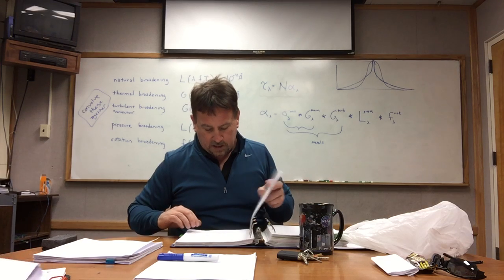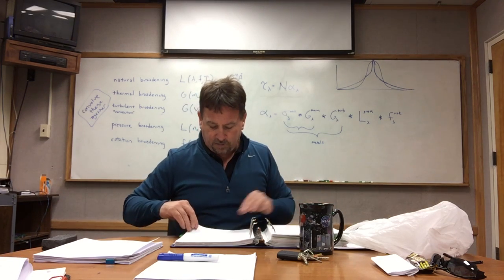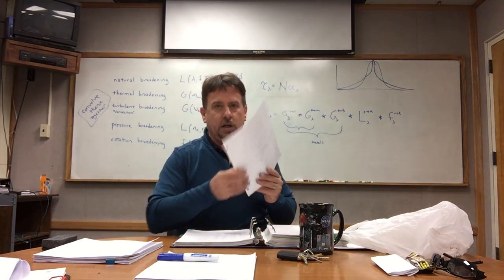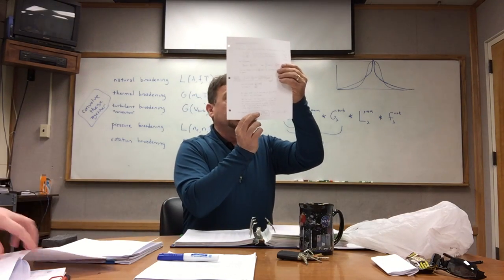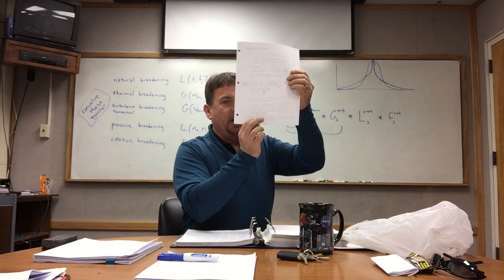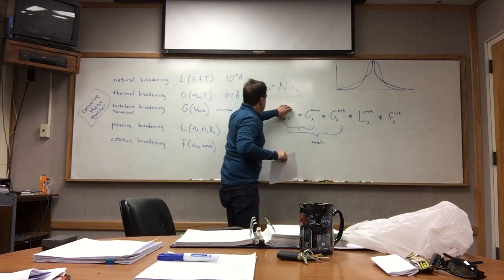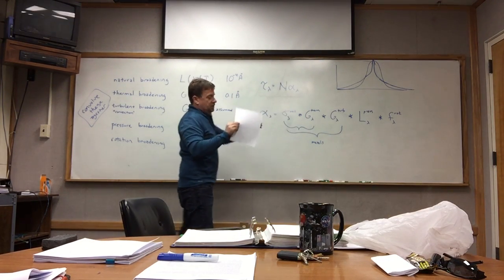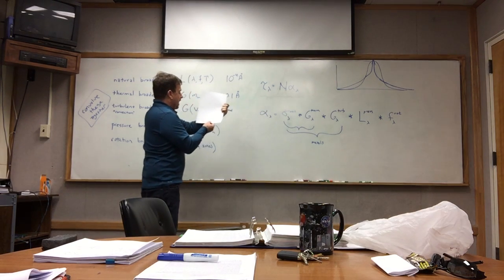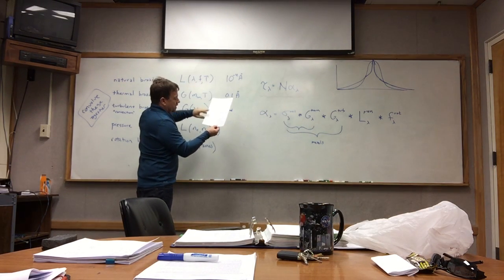And then at the very bottom of the page, in this box, we get the final shape of the cross-section for natural broadening. It is a Lorentzian, and it depends linearly on the oscillator strength, and has some proportionality to the damping constant here.